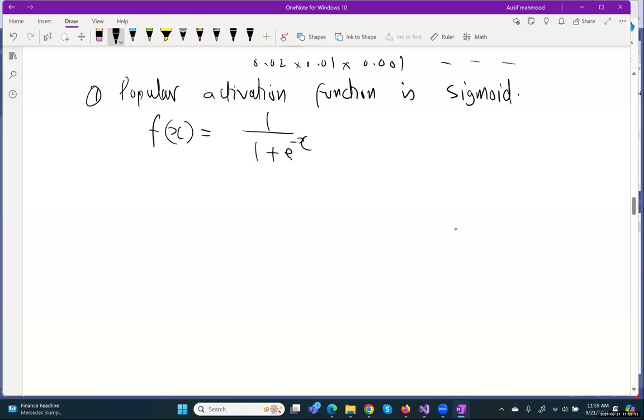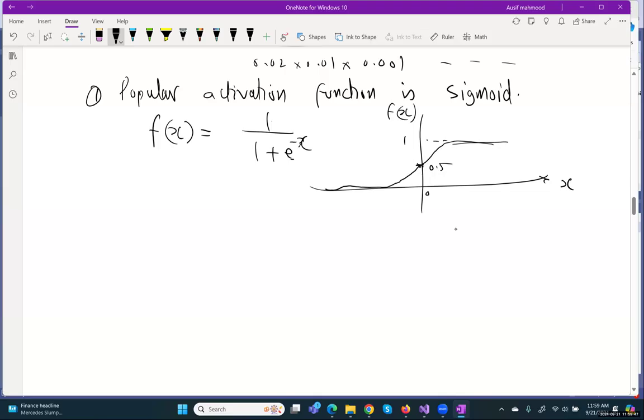And I hinted to you in the last lecture, if we plot it out, what you will see is it will come out to be like this. This is 1, this is 0.5, this is x, this is f(x). You can easily verify it, as we discussed in the previous lecture. If you put x equal to 0, anything raised to the power 0 is 1, so it will become 1 over 1 plus 1, which is exactly 0.5.